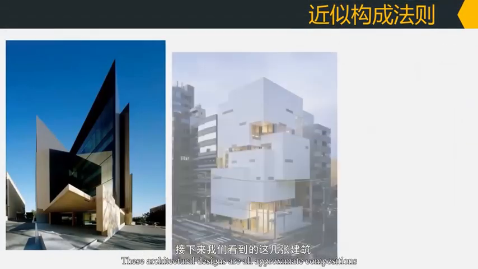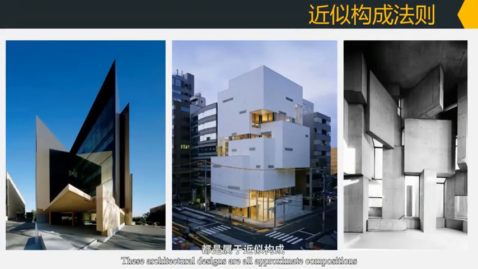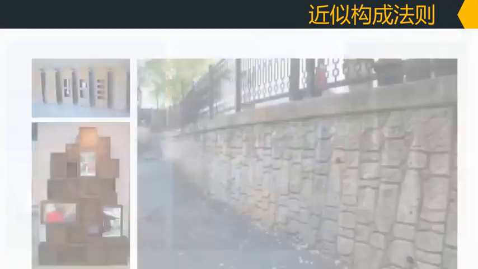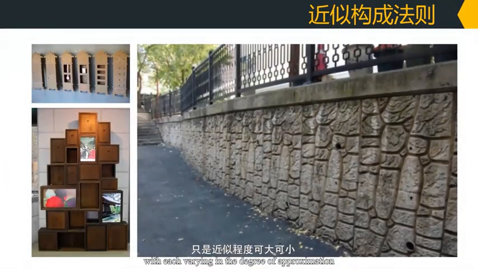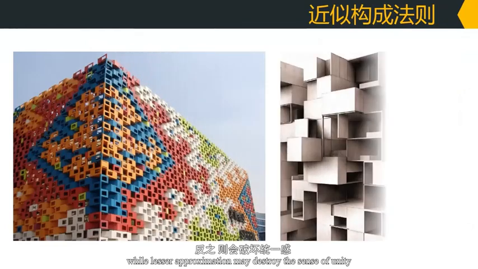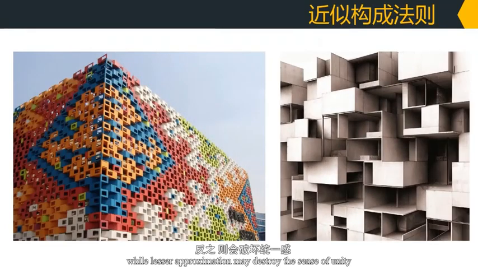These architectural designs are all approximate compositions, with each varying in the degree of approximation. Greater approximation will lead to a sense of repetition, while lesser approximation may destroy the sense of unity, losing the significance of approximation. Above all, approximate forms share a familiar relationship.